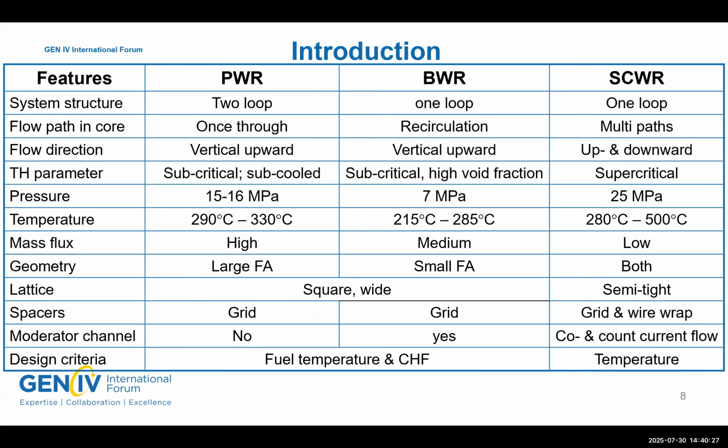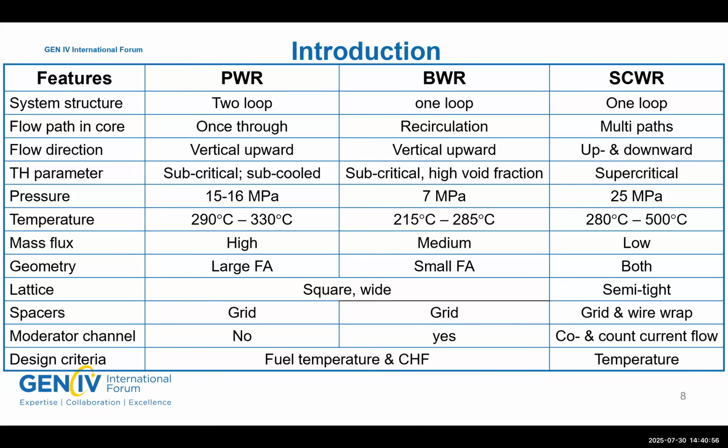So from the features, you will see that for the system structure, the PWR has 2 loops and the BWR 1 loop. And also you can see the SCWR has only 1 loop. It's very simple. And for the flow path in the core, the PWR has once-through, and the BWR has a recirculation loop.